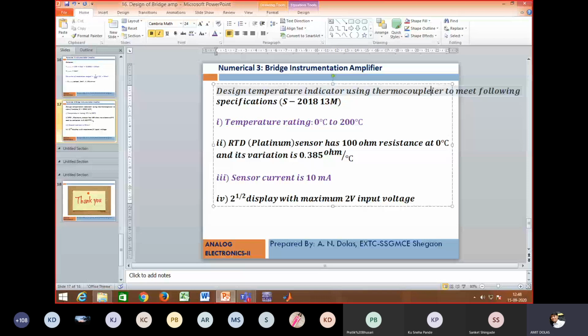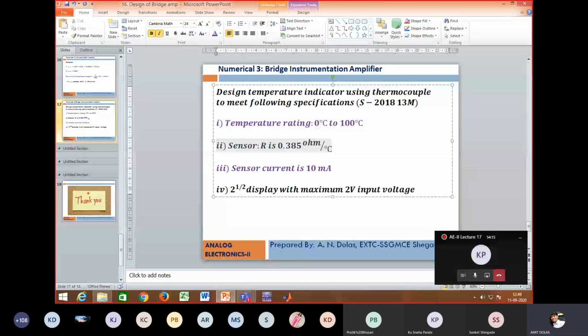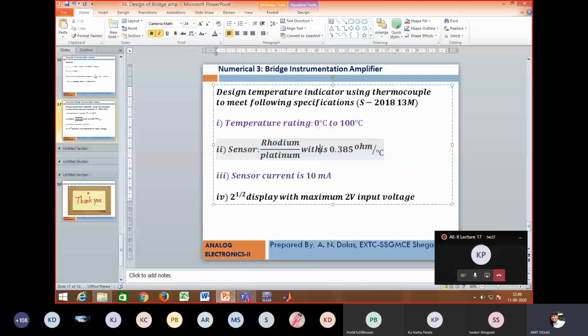Then sensor is rhodium or platinum with 6.5 microvolt per degree centigrade.